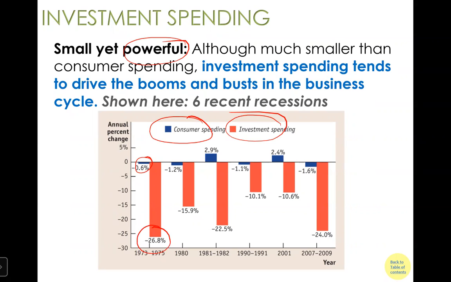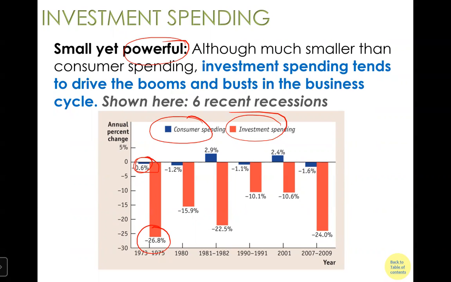But the magnitude is at a different level. You adjust your consumption in a range of 1%. But investment usually falls between 10 and 20%. So the fluctuation is 10 times larger. In that sense, it's powerful.